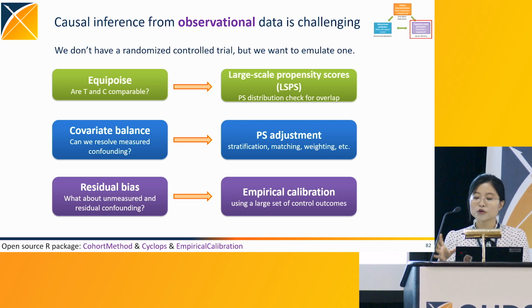Using those empirical approaches, we can diagnose and assess the amount of leftover residual bias that we still have after trying existing causal inference strategies. We use that as a way to calibrate our causal effect estimate to mitigate and reduce residual bias.